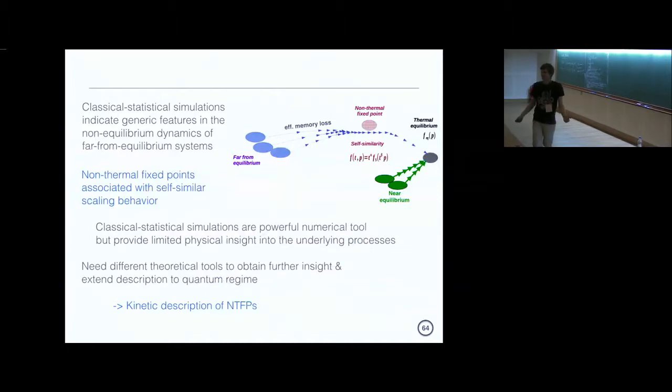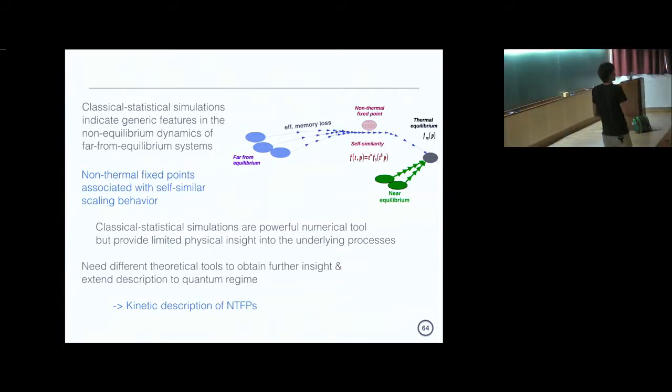At some point it's intrinsically quantum, and so we would like to be able to also study non-equilibrium phenomena in the quantum regime. Where this is going to lead us is essentially kinetic theory today, or a kinetic description of these non-thermal fixed points in particular.